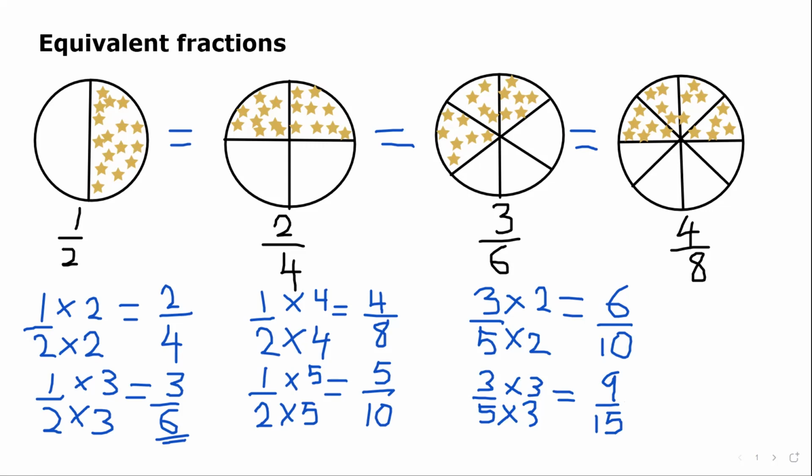Or if you still doubt, you can also use cancellation to reduce the one with different numerator or different denominator to check whether it has the same fraction as the first one, which is the common fraction here. So let's say the 1 over 2 here. We said 1 over 2 is equal to 2 over 4. Let's check.